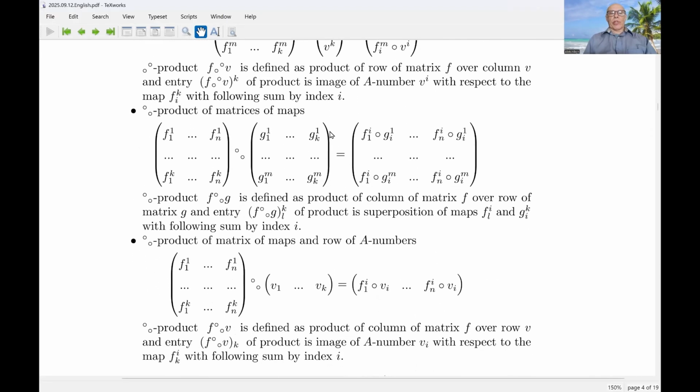The column-row product of matrices of maps is defined as the product of columns of matrix F by rows of matrix G. An entry of the product is the superposition of maps F^{il} and G_{ki} over index i. The column-row product of a matrix of maps and a row of n numbers is defined as the product of columns of matrix F by row V, and an entry of the product is the image of the number V_i with respect to the map F^{ik} with the following sum by index i.